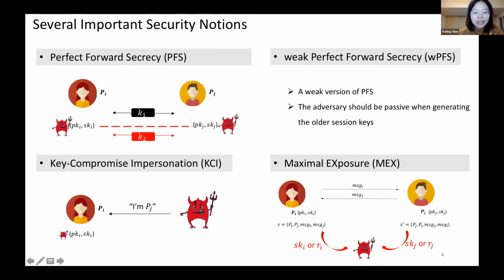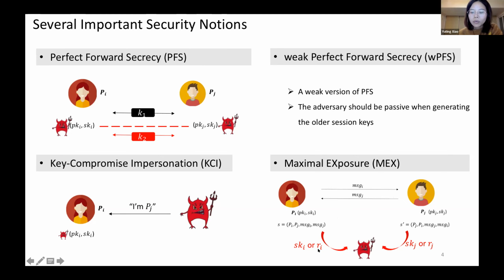In this attack, the adversary corrupts some party like PI, then tries to authenticate itself as some other party PJ to PI. The last is maximal exposure, MAX. In this attack, the adversary can get keys on both sides, but at most one on each side. The keys include the long-term keys of a party or the ephemeral keys of a session.